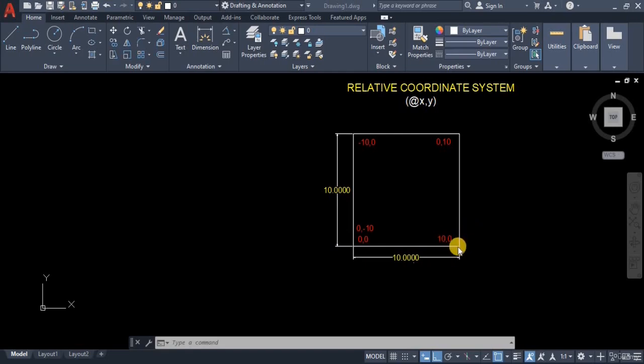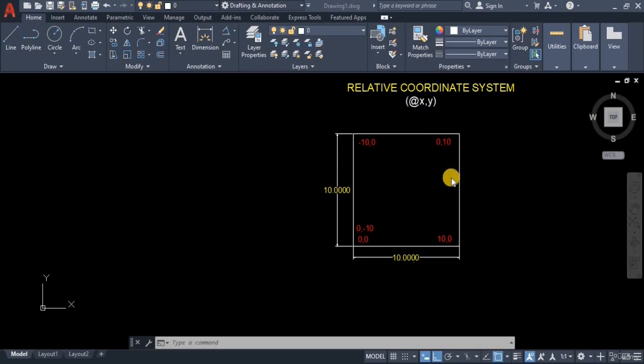Now, take a look at this, from this point to the next point. As we move from this point to the next point, the coordinate changes from 10, 0 to 0, 10. Because we are moving in the positive y direction and not in the x direction, x is going to be 0, y is going to be 10, and this is positive.